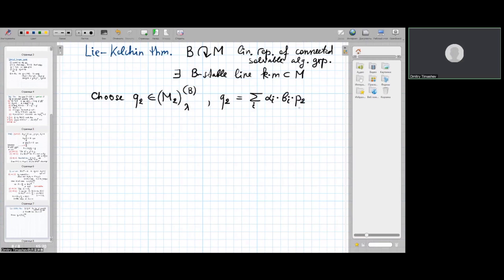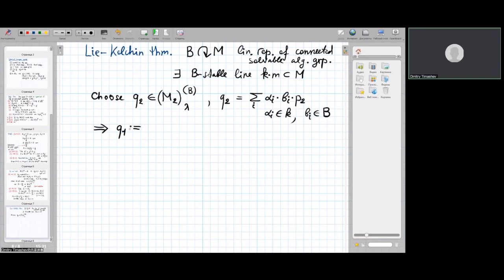So in this formula, alpha i's are scalars, and b i's are elements of my Borel subgroup B. So choose such an element Q2, and then consider a polynomial Q1, which is obtained from P1 by taking the same linear combination.